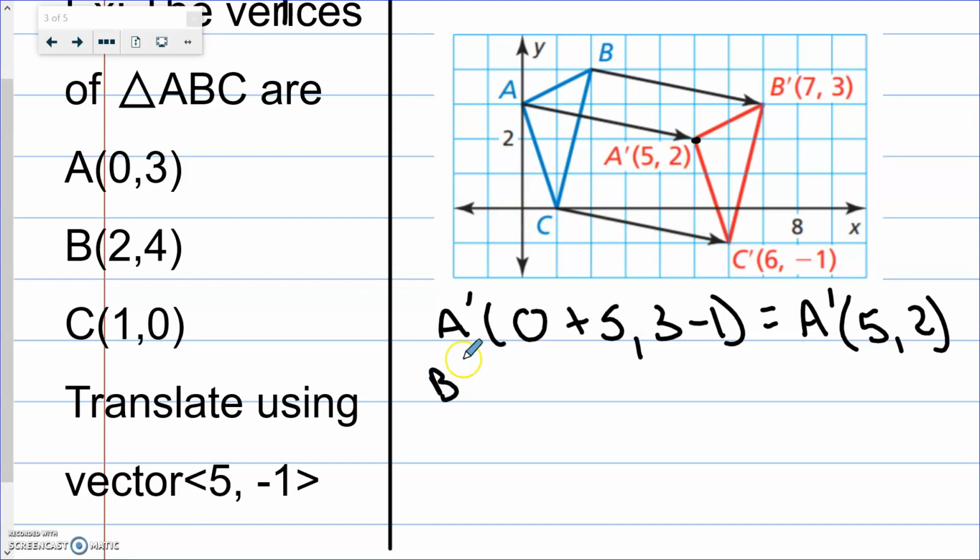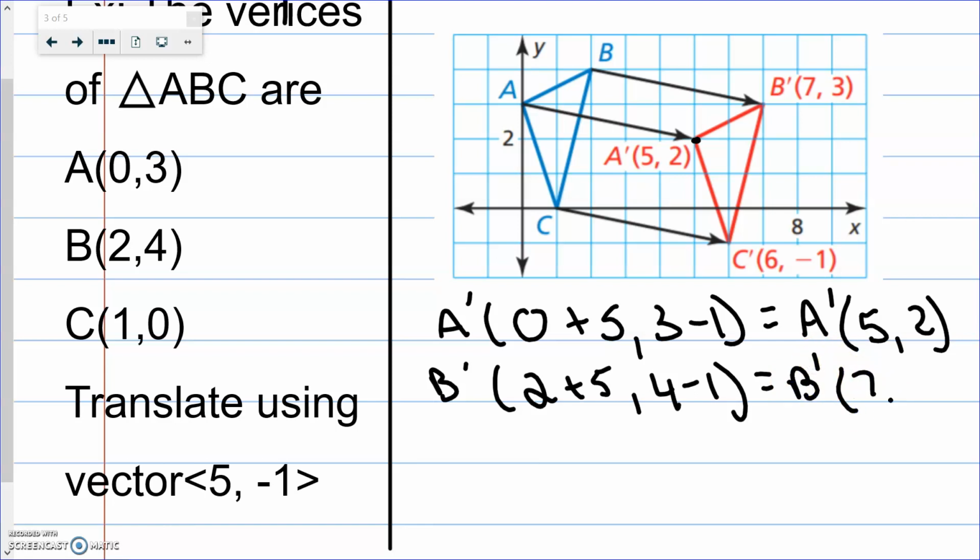B prime is going to be found at 2 plus 5 and 4 minus 1, which gives us B prime is at 7, 3. If I go over to 7, go up to 3, there's B prime.